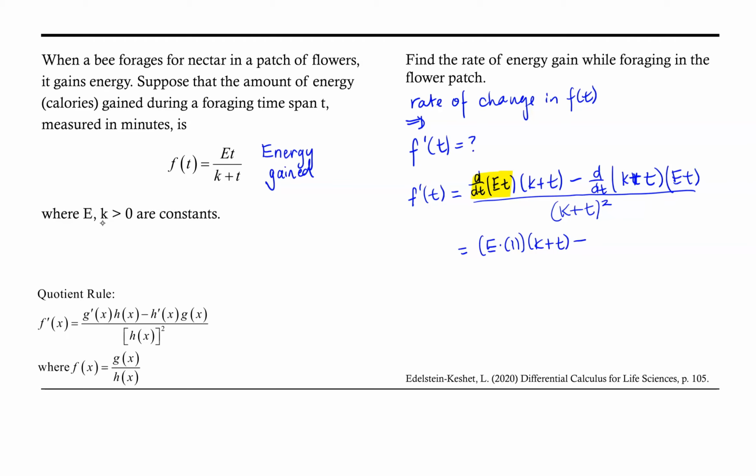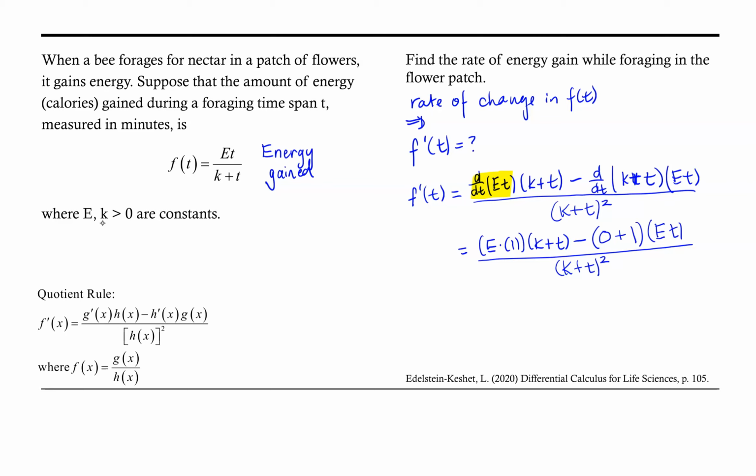Well, remember that k is a constant, so the derivative of k is going to be 0, plus the derivative of t, which is 1. Now that's multiplied times our numerator, which was e times t, all over the quantity k plus t squared.